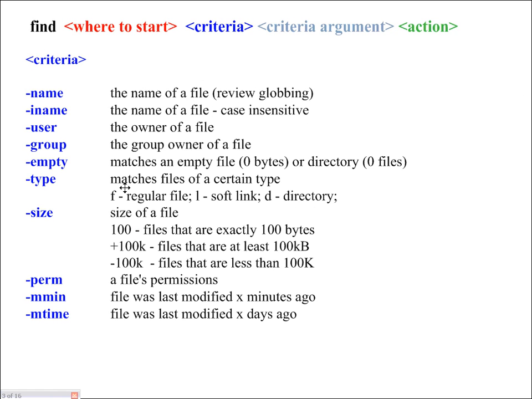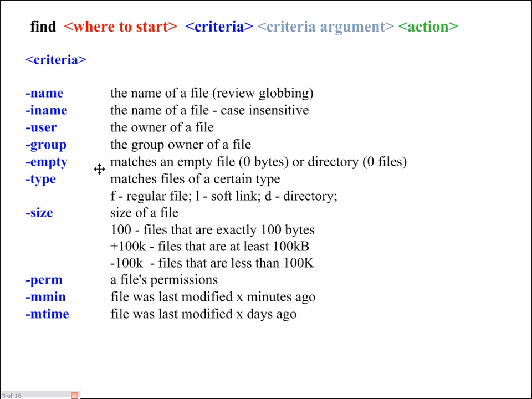Okay, moving on. The criteria. The criteria can be a lot of different things. Just to give you an example, name and iname are about the same, the only difference being the i means ignore case. It will take globbing. We've already talked about globbing. You can say star.txt and it'll find everything that ends in .txt. It'll go by user: who is the owner of the file?